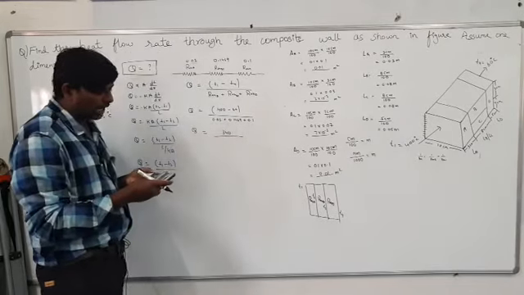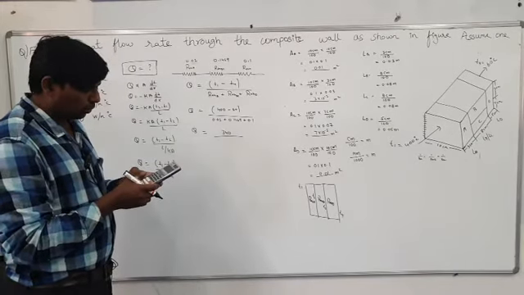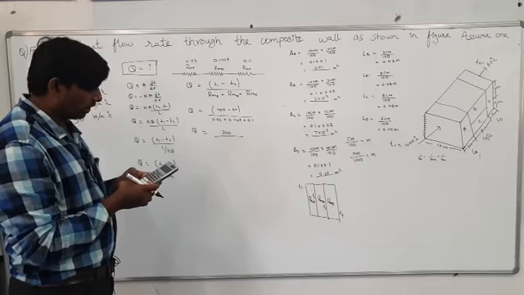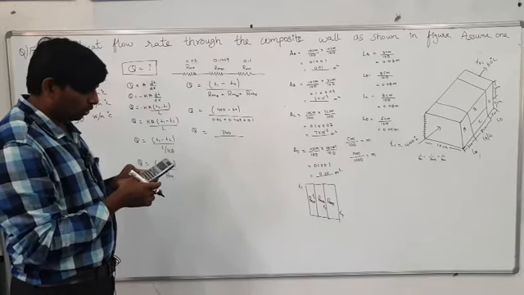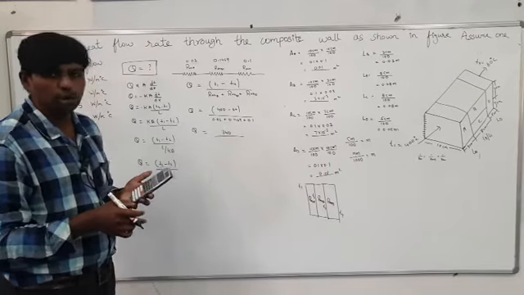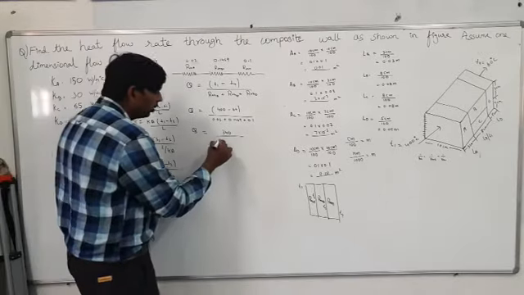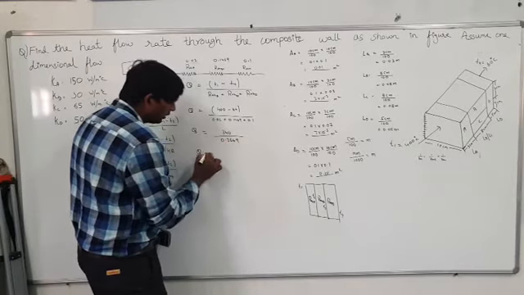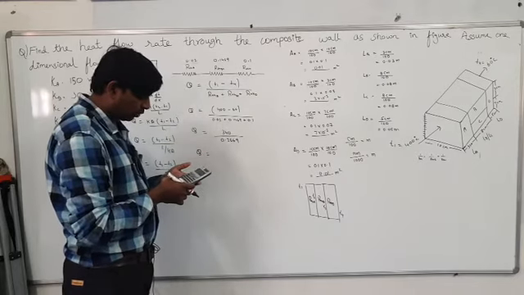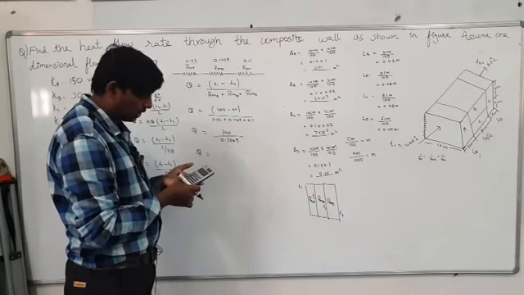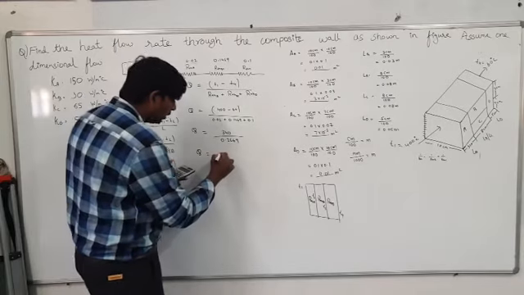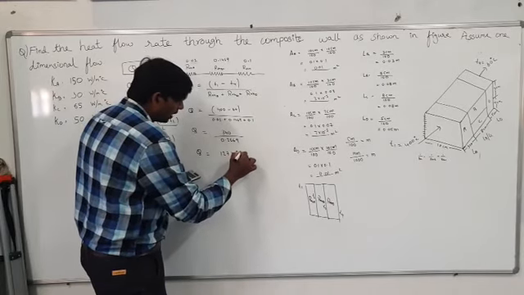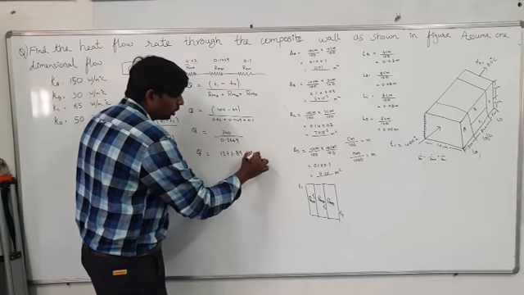After that you add these values: 0.02 plus 0.1469 plus 0.1, so here you will get 0.2669. Then Q is equal to 340 divided by this answer. So here you get 1273.89. What is the unit?